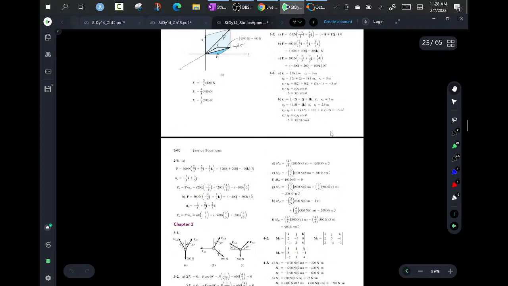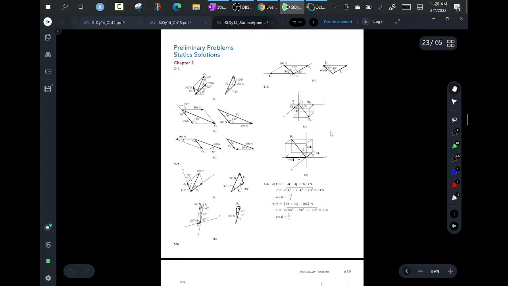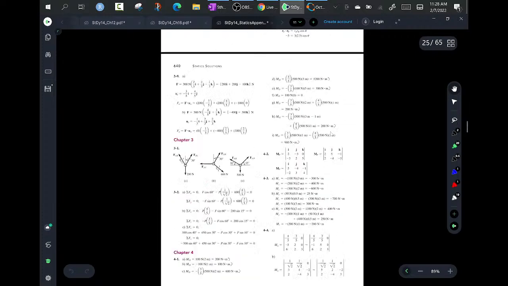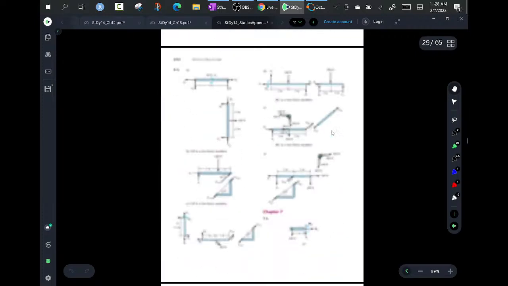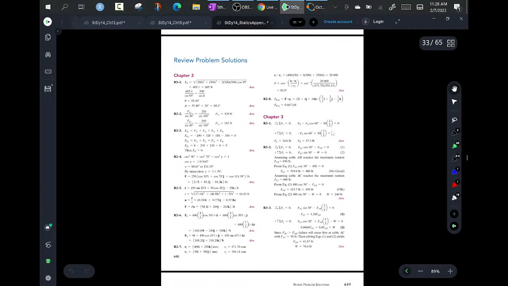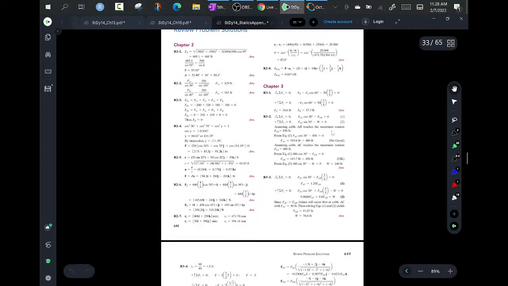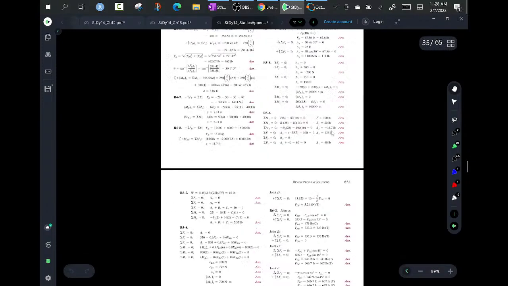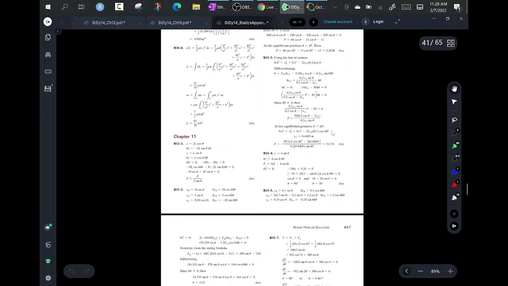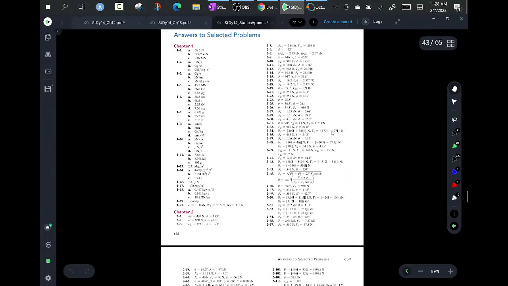These are preliminary problems, that's new in this edition. Now they've got review problems. Where's the real problem? They all have an R in front, so now they have a P. Okay, here we go.